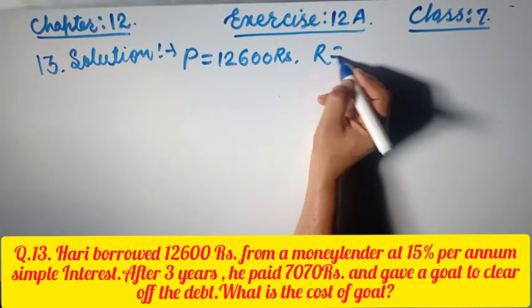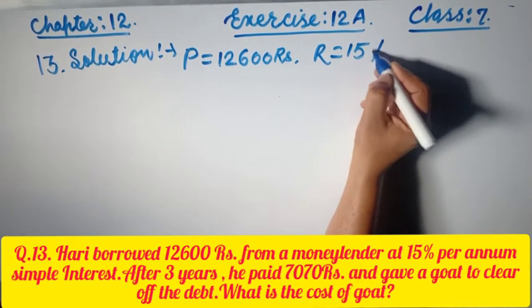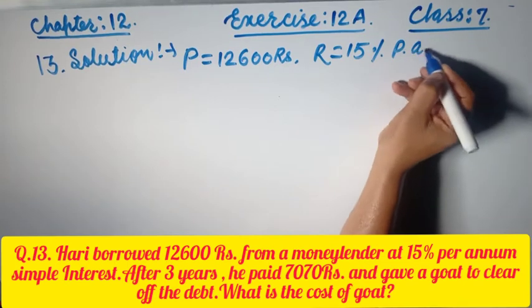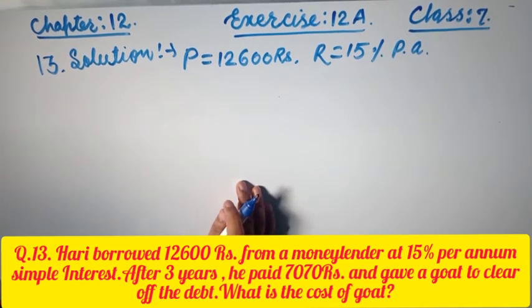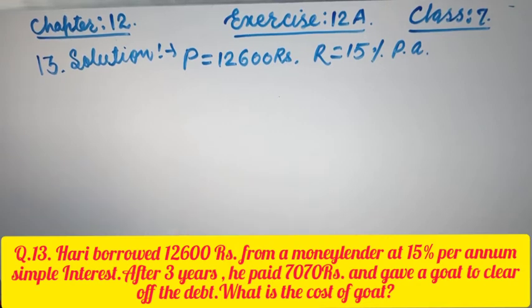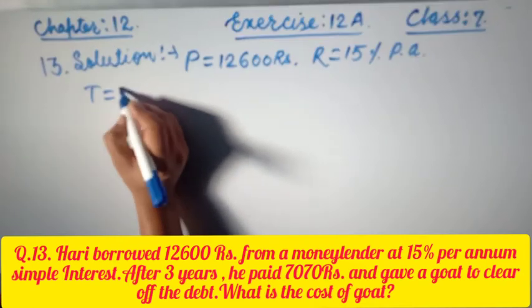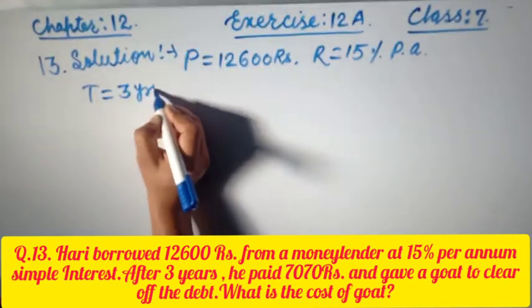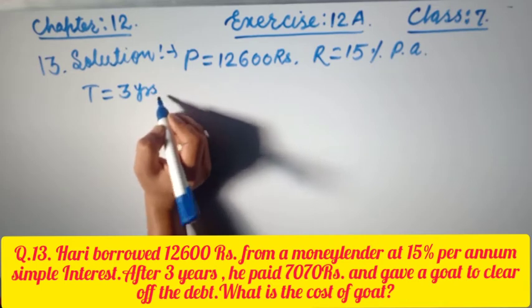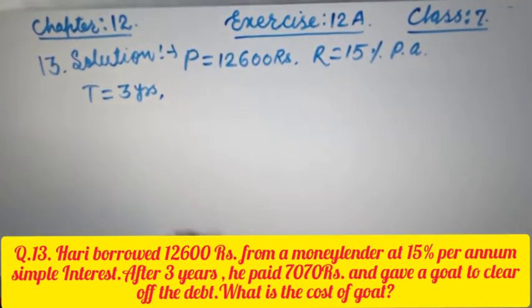Rate R is equal to 15% per annum, which is given, okay. Simple interest. And now after 3 years, the time is given, here the T is given 3 years. After 3 years he paid 7,070 rupees and gave a goat to clear off the debt.